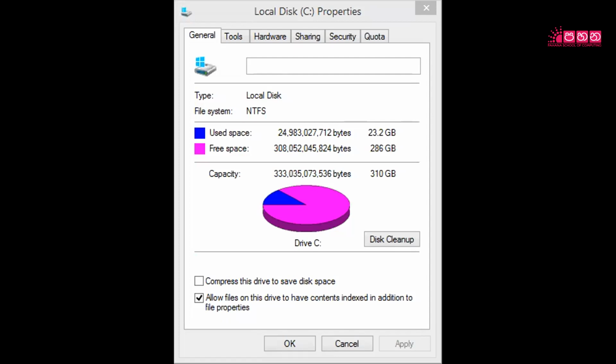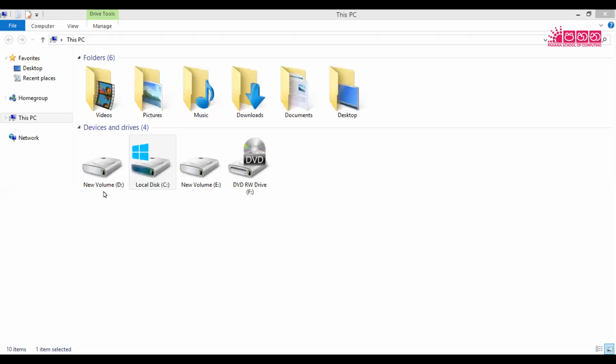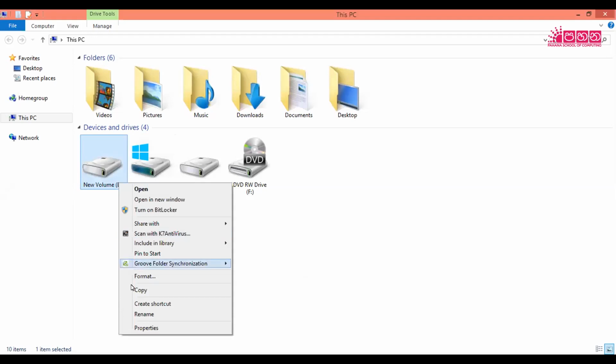Can you do the same for the other two as well? So this is for the size of C, right? It's only a part of it. Good, you have 310. Okay, you have to share the screen again. Yes, can you go to D, right click on it, select the properties.